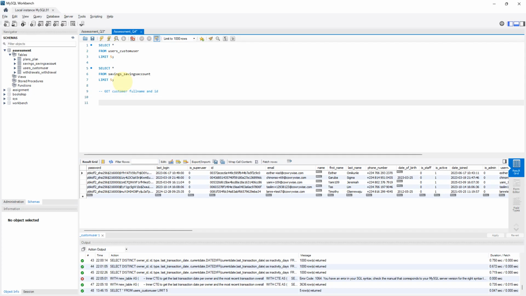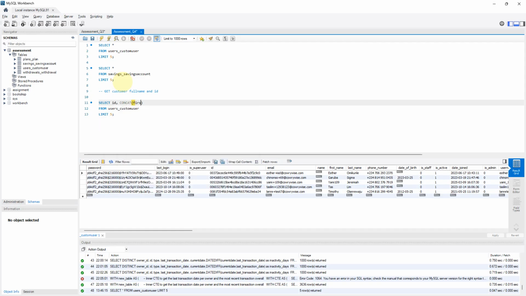So for me to do that, again, I'll rather copy from here. I don't need to limit this. I'll paste, and I just want ID, then concat.